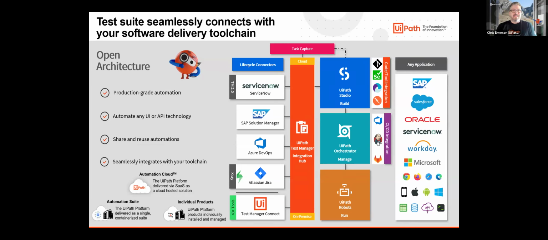So we can connect easily with, as Faraz was saying, over 60 different lifecycle-related tools, ALM tools, things like SAP Solution Manager and Azure DevOps to create CI/CD pipelines, to aid with in-sprint automation, all sorts of things.